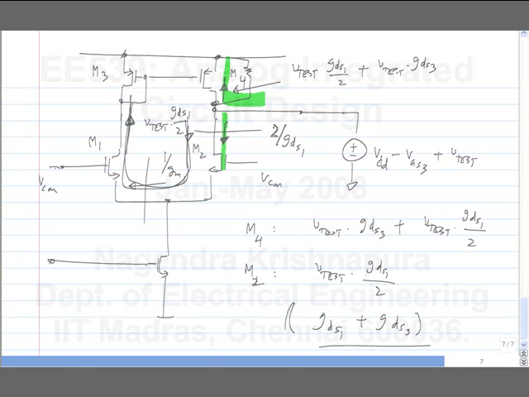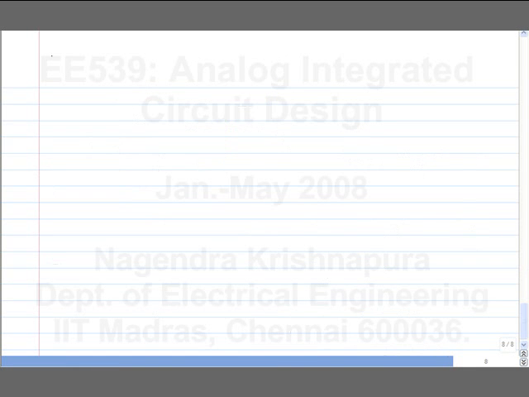So far we know that the transconductance is GM1, and the output conductance is GDS1 plus GDS3.